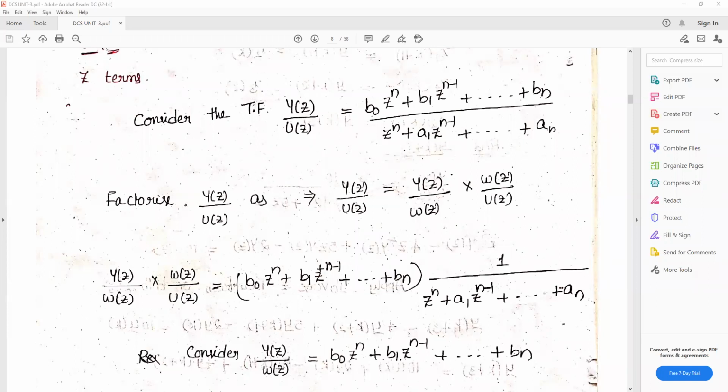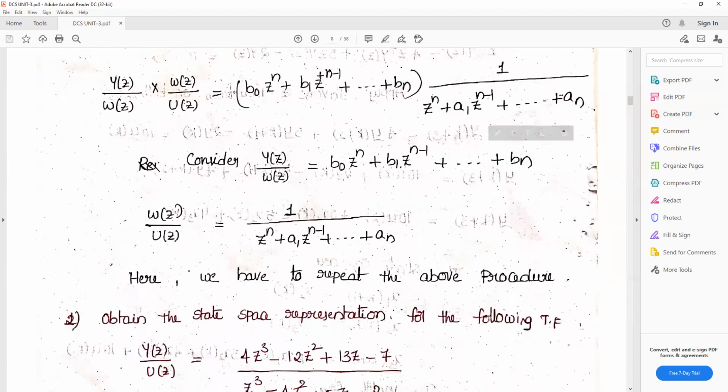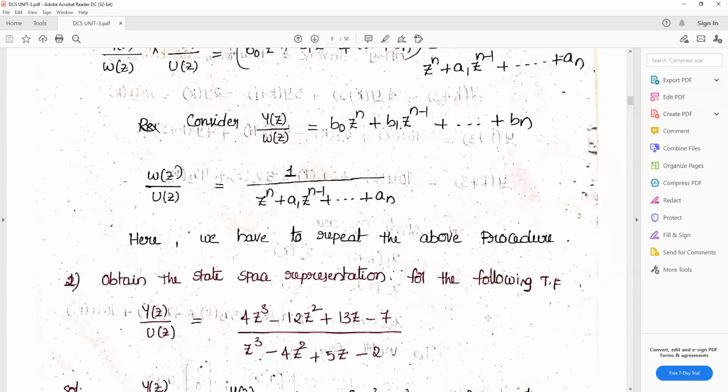So we have to repeat the above procedure, using the same procedure.